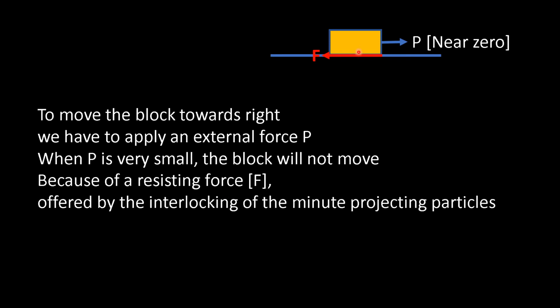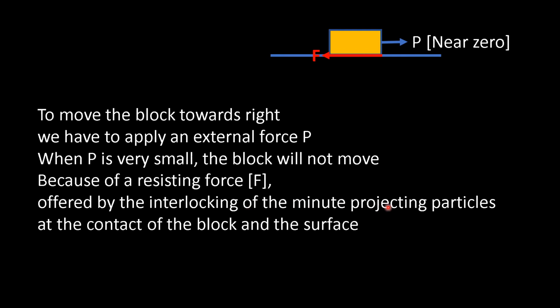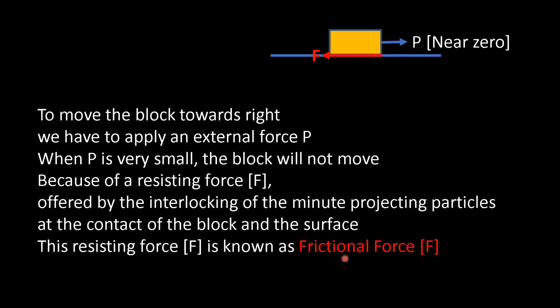This resisting force comes into play because of the minute projecting particles of the bottom surface of this block and the top surface of this plane surface. This resisting force F is known as frictional force.